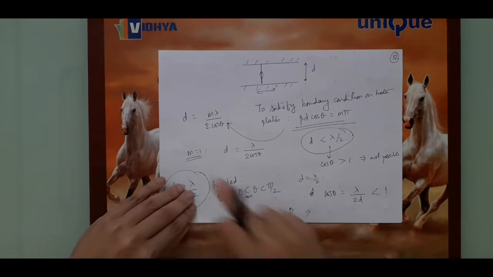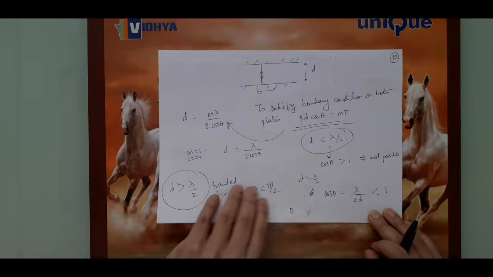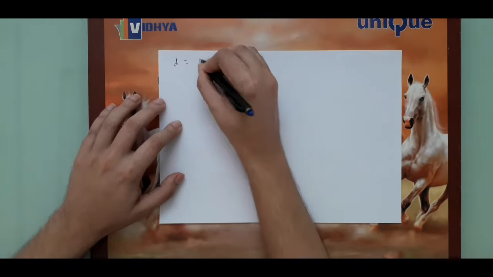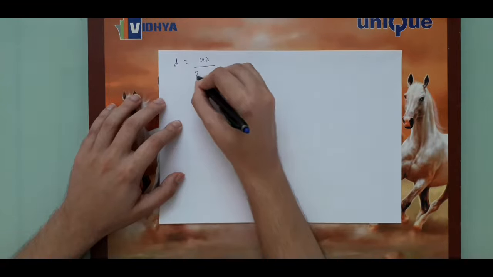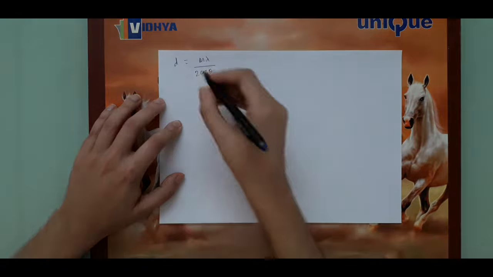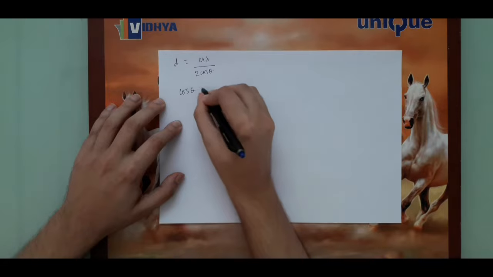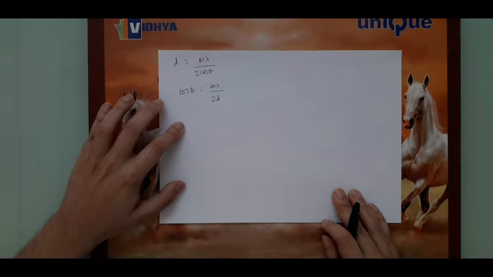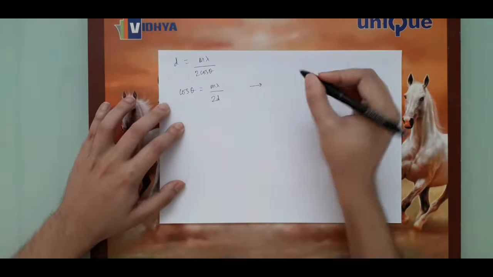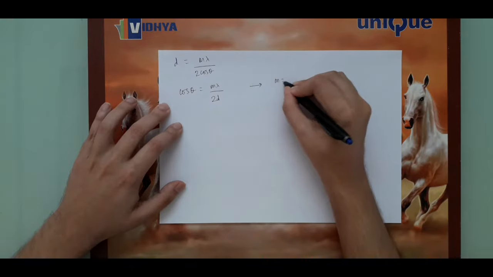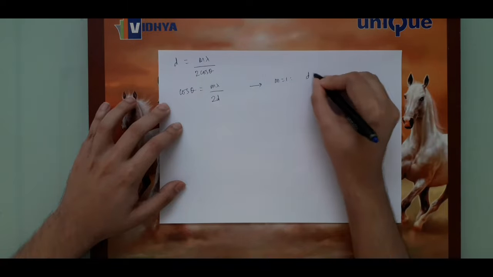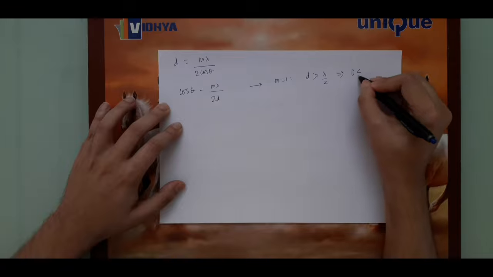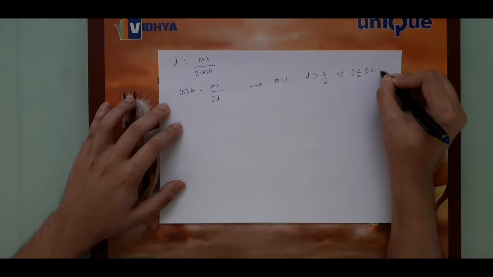How? Now let us put m back again. So we had said that in general d is m lambda by 2 cos theta. So again if I take theta on this side, I will get cos theta is m lambda by 2d. So we saw that if m equal to 1, we need d more than lambda by 2, and this means 0 less than theta less than pi by 2.